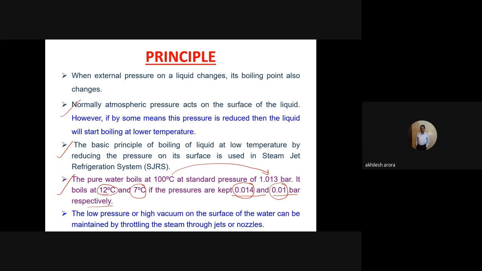The low pressure or high vacuum on the surface of water can be maintained by throttling the steam through jets or nozzles. This line will be clear to you when you see the schematic diagram of the system. So right now, I will not explain it.